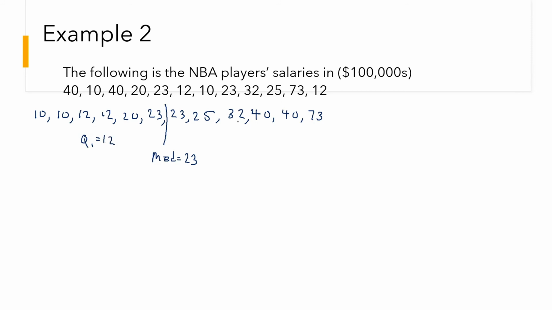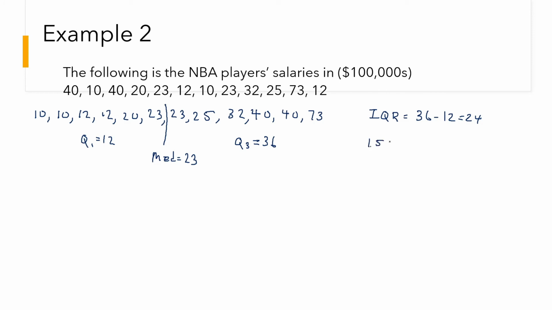Q3 is between 32 and 40, so Q3 has to be the average of those two numbers, which comes out to be 36. Therefore, the IQR is 36 minus 12, which comes out to be 24.